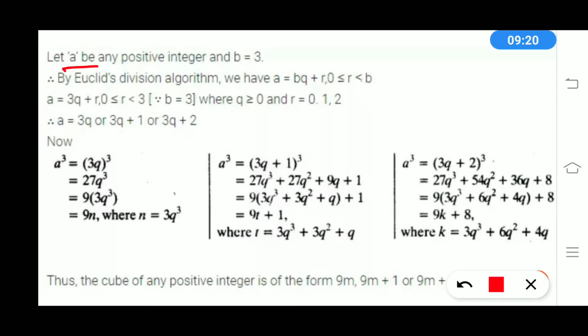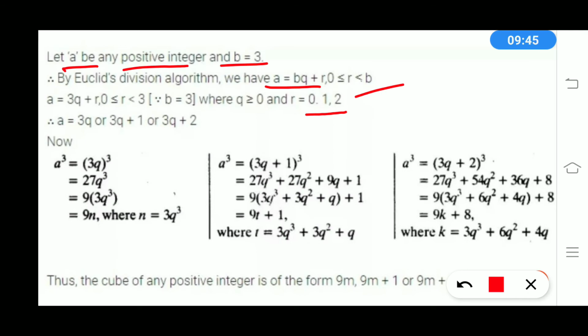So a is any positive integer and b equals 3. By Euclid division algorithm we have a equals bq plus r, where 0 is less than or equal to r, less than b. So if we take b equals 3, then a equals 3q plus r, and since 0 is less than or equal to r, less than 3, r equals 0, 1 or 2.